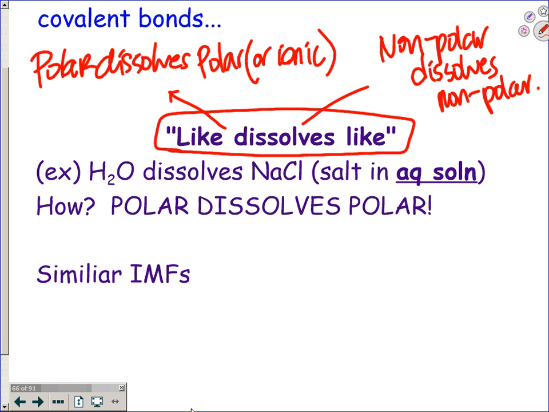So I've just clarified that into 2 main categories. Polar dissolves polar or ionic, or nonpolar dissolves nonpolar things. Those are your 2 main categories, or 2 main phrases that like dissolves like is just describing.